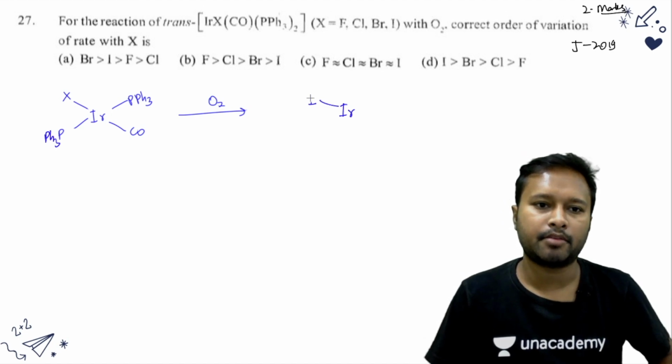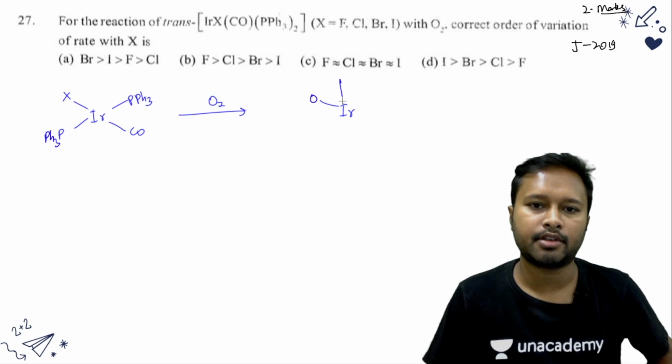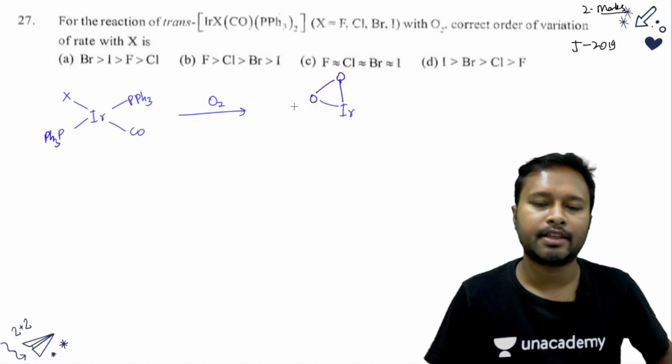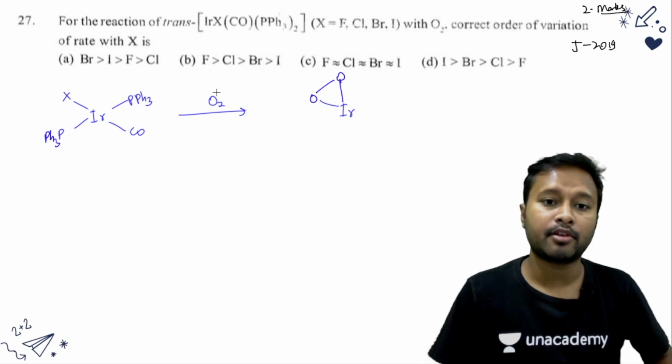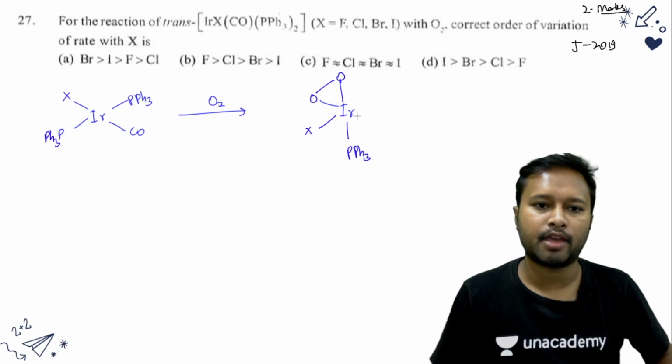The rest of the things will remain as they are. So one oxygen here and the other oxygen there, a cis addition of oxygen, because it's a non-polar molecule. And then you have X, PPh3, CO and PPh3.